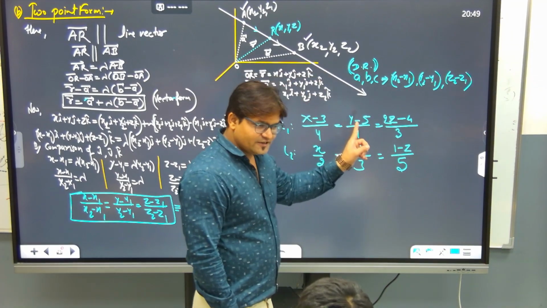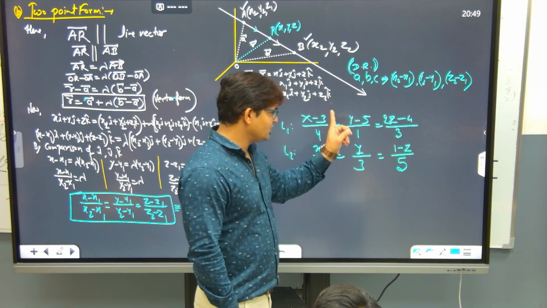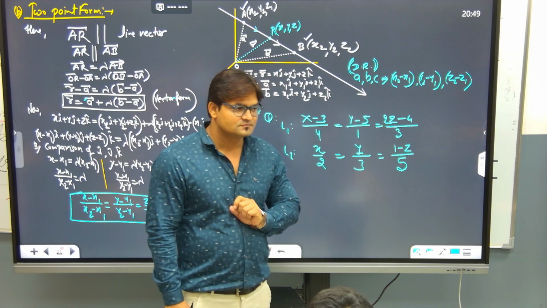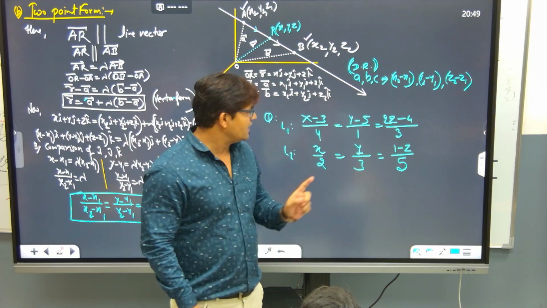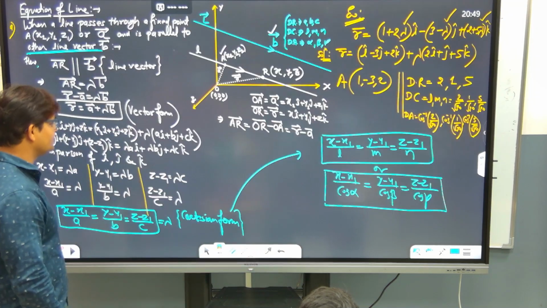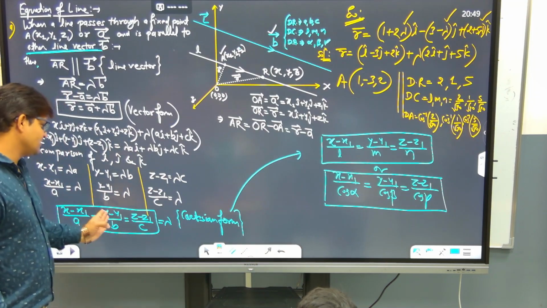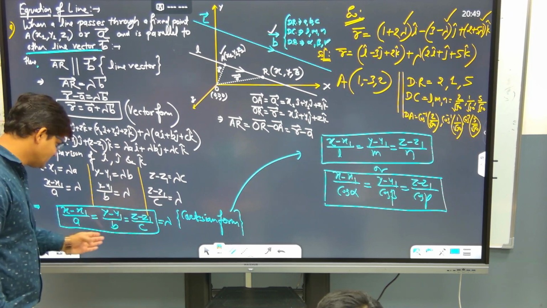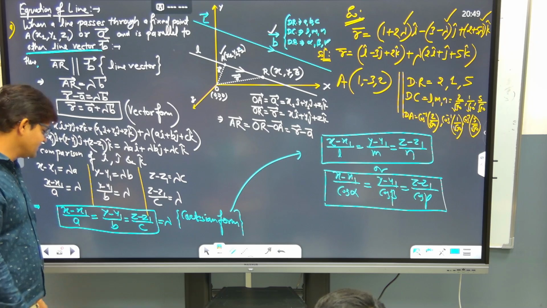Here we have x, y, z: x minus x1, y minus y1, z minus z1. So x1 is what? 3. Y1 is what? In this case this one. The line passes through x1, y1, z1 having direction A, B, C, where A, B, C are the direction ratio.